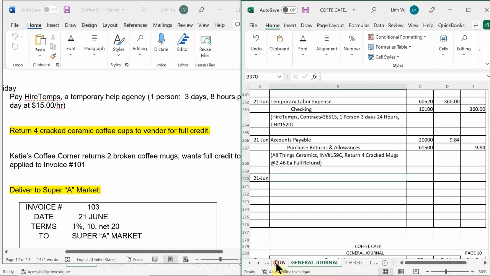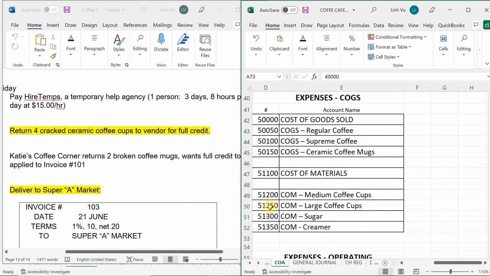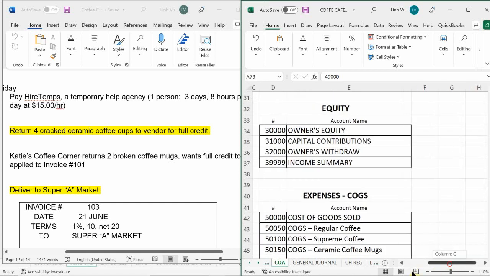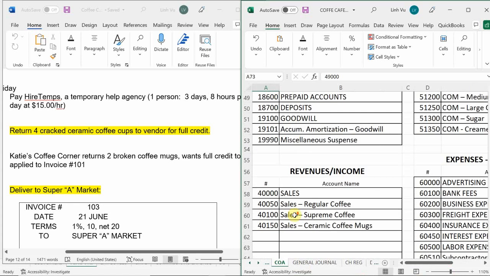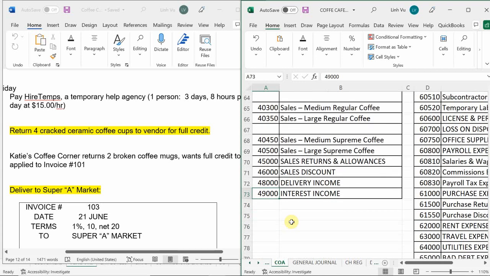Okay, good. So let's take a look where sales returns and allowances are. Okay, so it's on the left side here. Sales returns and allowances, 45,000.